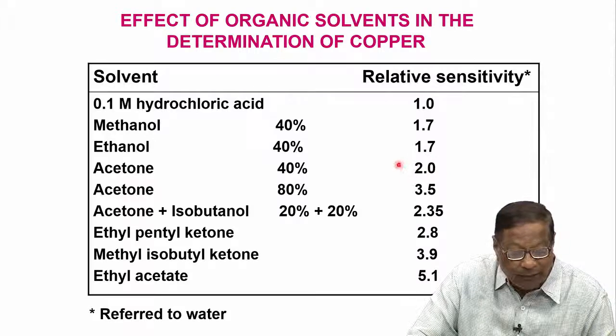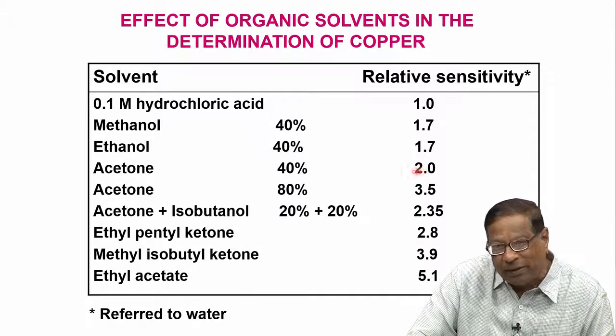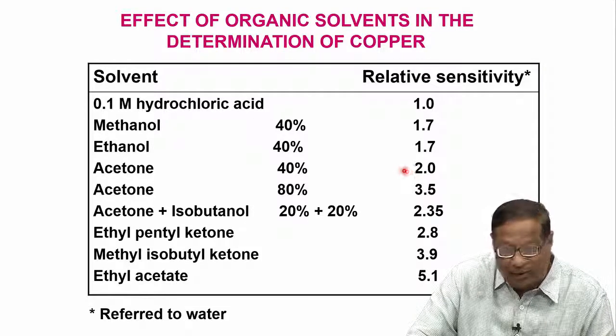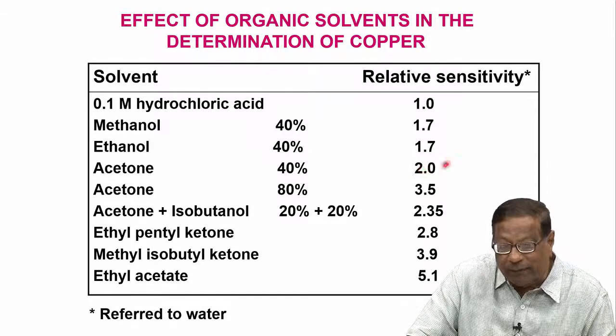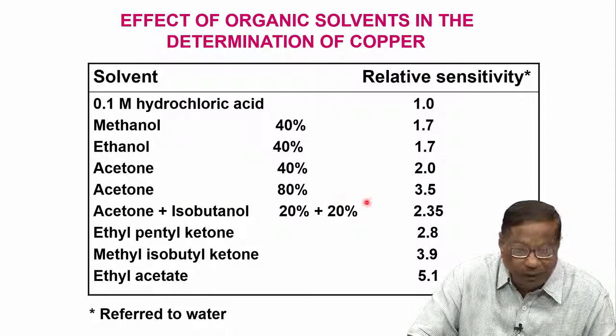So, the sensitivity is twice, the absorbance value will be twice. Same sample in hydrochloric acid, suppose it is 0.2 absorbance. If I dissolve it in 40% acetone, it will be 0.4 absorbance, 0.2 to 0.4, double. Suppose I increase the acetone to 80%, then what happens?